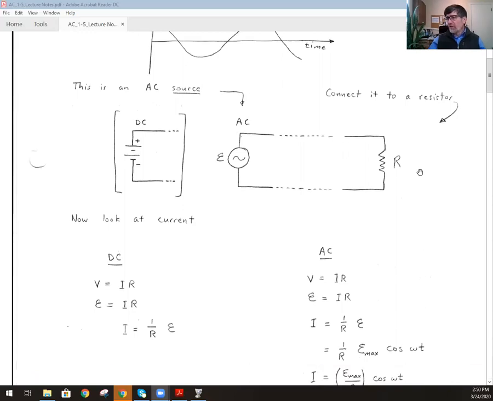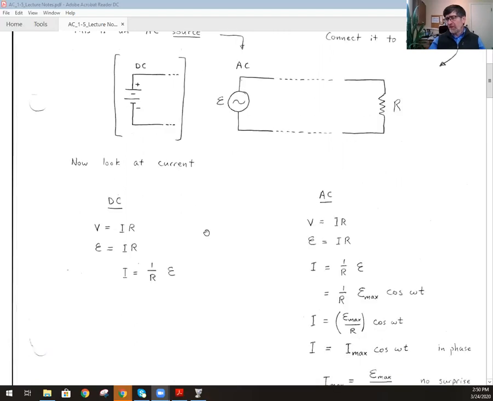So let's just take a look at this kind of circuit and look at what happens when you connect either a battery or an AC source, like we've been talking, to a resistor. If you look at connecting a battery to a resistor, then we have Ohm's law, V equals IR.